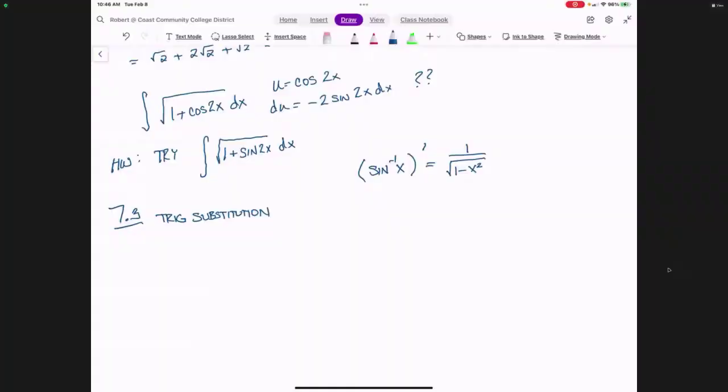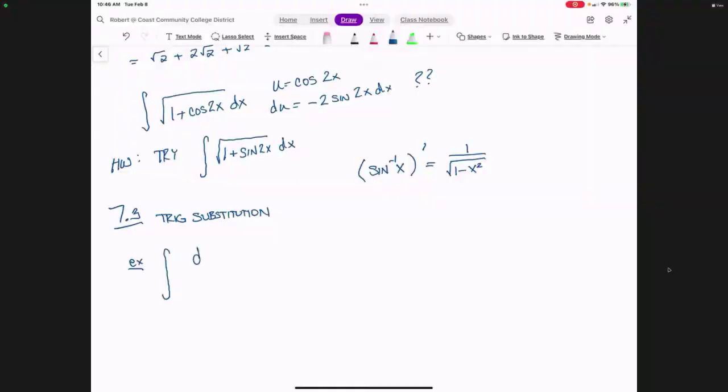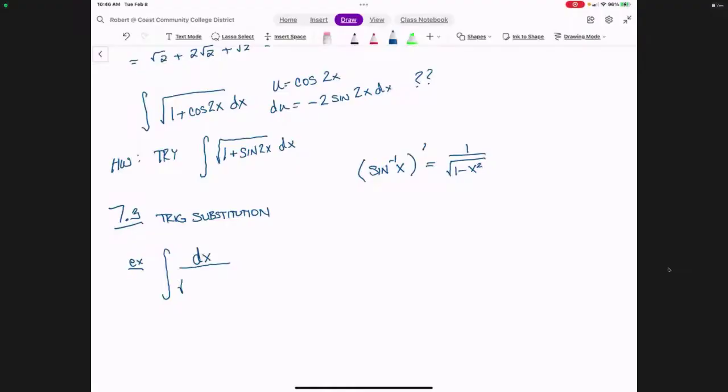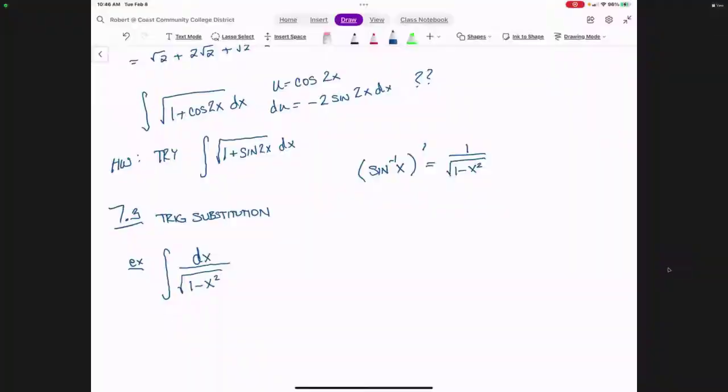So what Mr. Plackmeyer did is he put a problem down on the board and he said, all right, let's see if we can figure out this antiderivative. And all we're going to be doing is symbolically manipulating. There's no bounds anywhere. Okay.